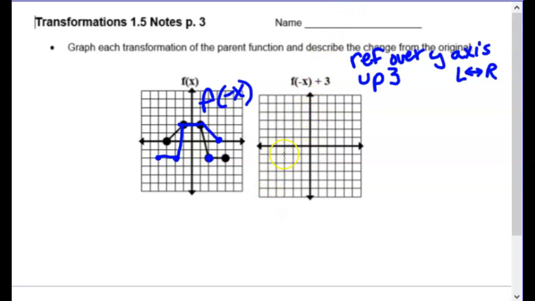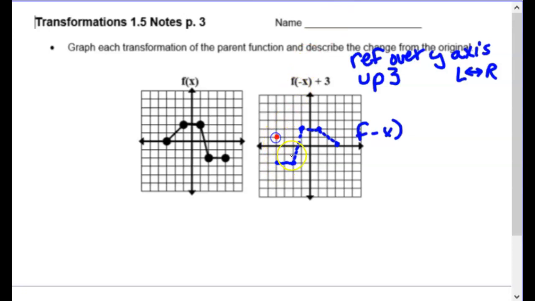So maybe you want to draw it on this one and then show that you're shifting it up, because if you keep drawing on that first one, you're going to have a mess. Okay, so this is the reflected one. I should have drawn it there, sorry. And then we still have to finish by moving it up 3.